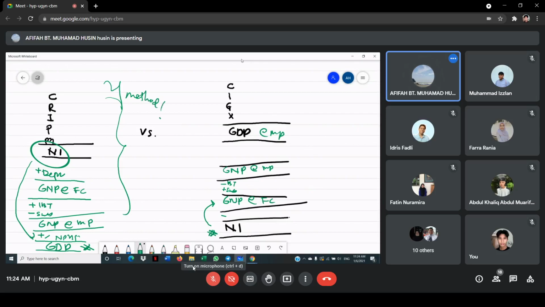Any question, class? Faham ke? Faham. So in order for you to understand income method better, you have to understand first consumption or expenditure method, sebab dia go against you.